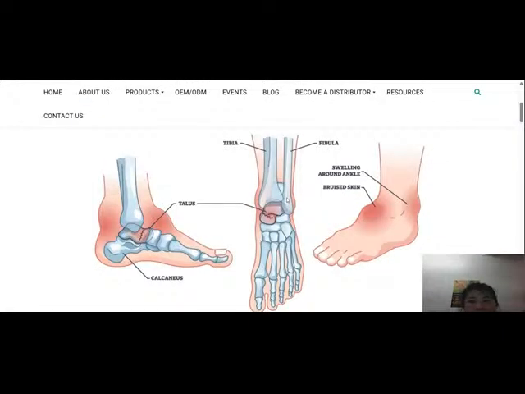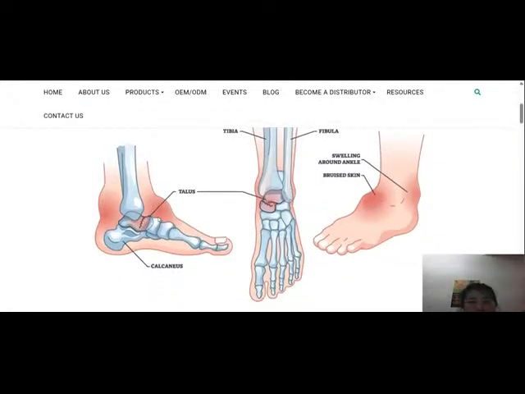As you can see here, this is the talus bone. That's called the calcaneus, usually we call it the heel bone. The talus bone has ligaments connecting to this fibula and this talus bone. You can see.